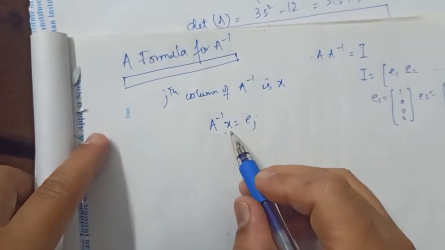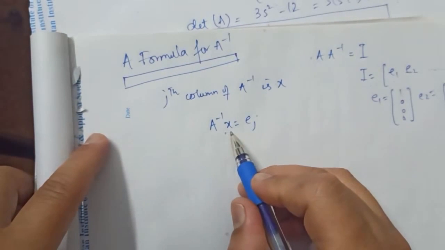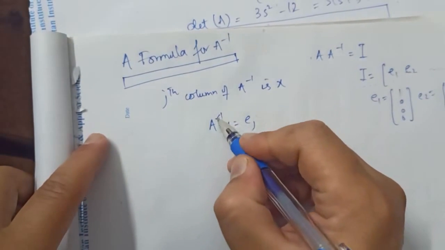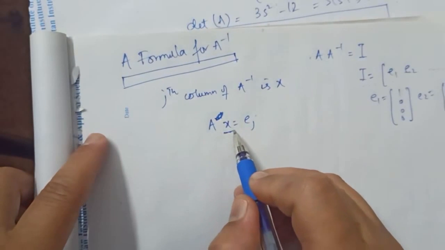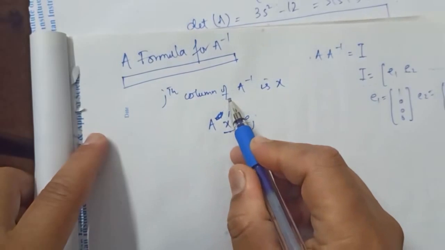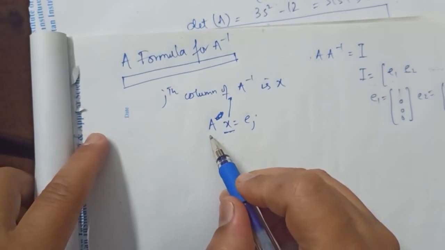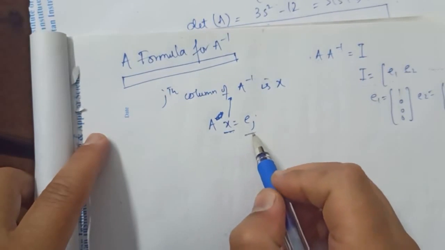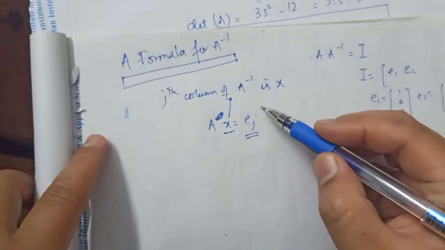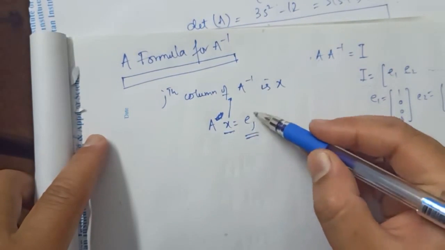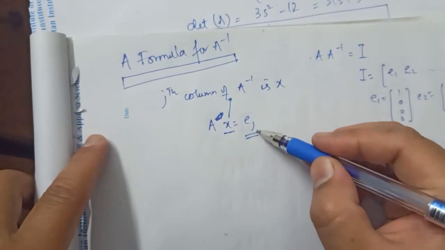X is the jth column of A inverse, sorry, my bad. If x is the jth column of A inverse, then if I multiply with A, I will actually have the jth column of an identity matrix.